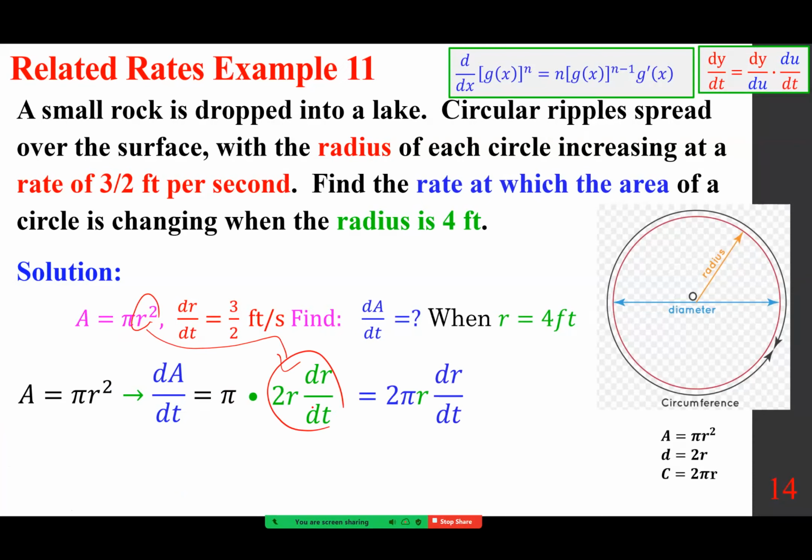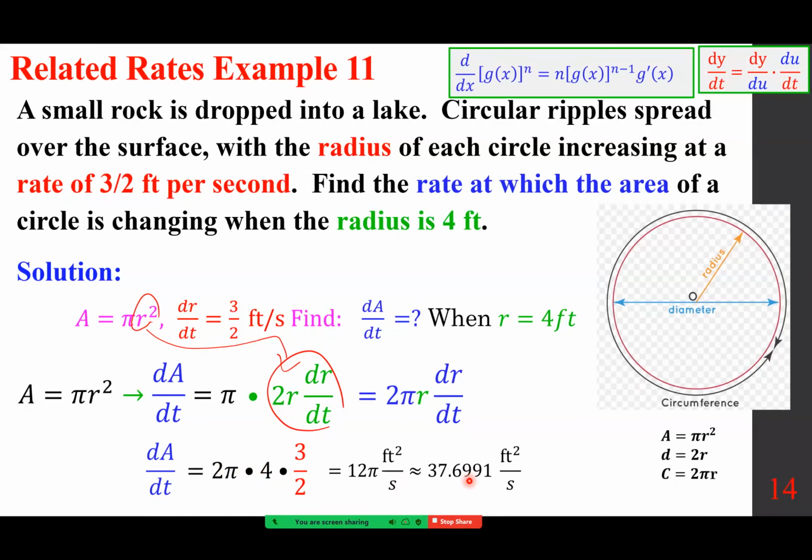And so 2 pi r dr/dt, plug in. r is 4, dr/dt is 3/2. These two cancel out, and we have 12 pi square feet per second.